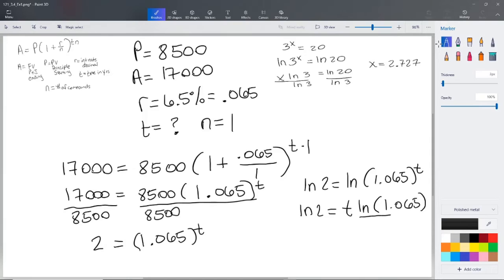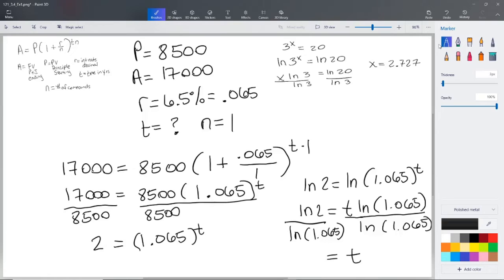And so then we're going to divide both sides here by the natural log of 1.065. And that's going to tell us how much time was involved in years to get this to double.